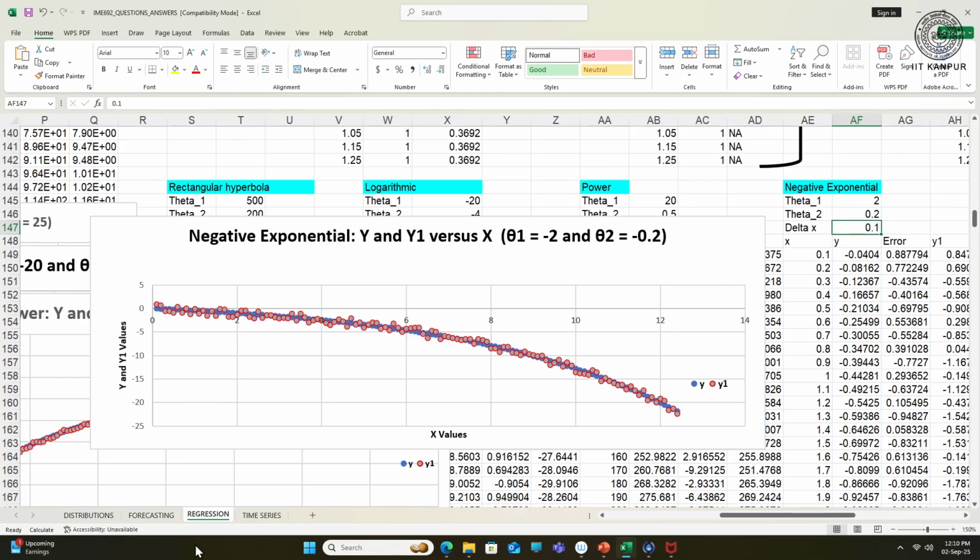And x values, as you have seen, have been plotted. And if I see here, the error terms are also quite small, so maximum to a value of 0.5, 0.6. You can check the error terms in the columns also, for column AG you will understand.